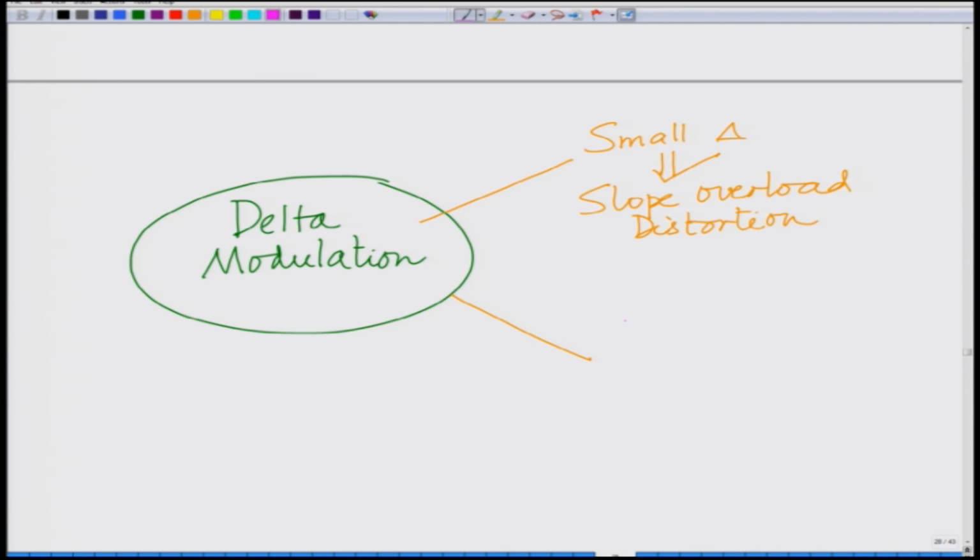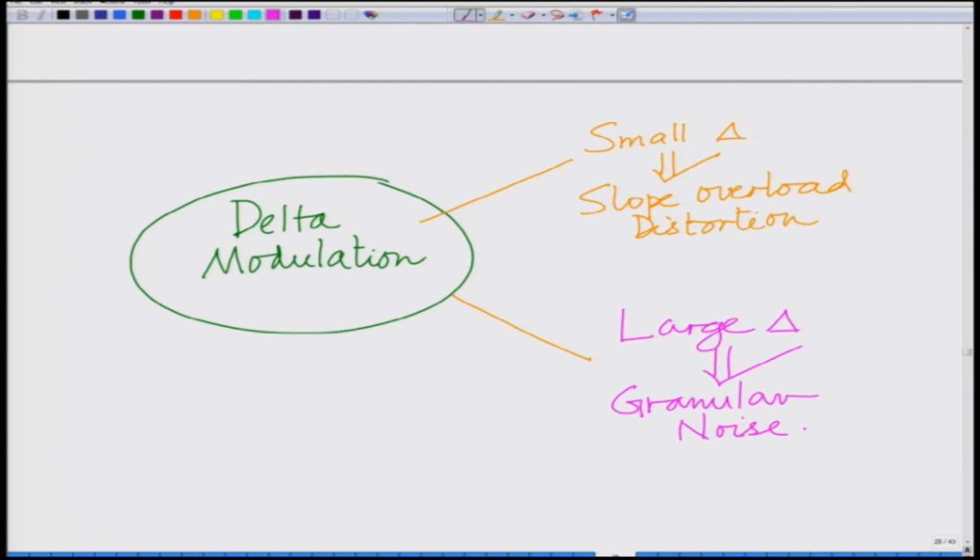When we have a large delta, when the signal is relatively flat, that leads to granular noise. So, these are the two different kinds of distortion.